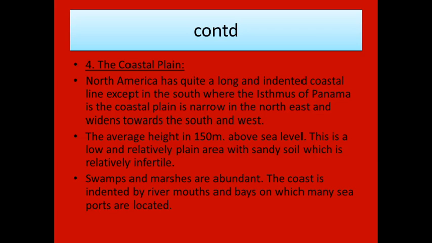The average height is 1,150 meters above sea level. This is a low and relatively plain area with sandy soil, which is relatively infertile. Swamps and marshes are abundant. The coast is indented by river mouths and bays on which many seaports are located.